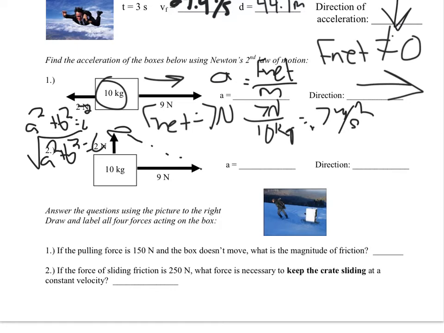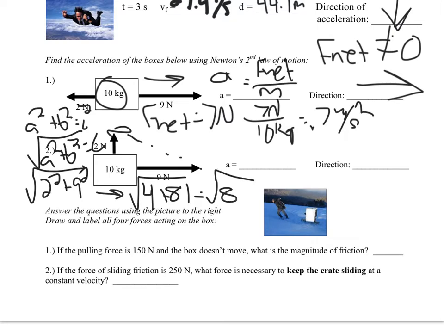So we plug in our values, we get the square root of 2 squared plus 9 squared, which, sorry, I'm running out of space, is the square root of 4 plus 81, which is equal to the square root of 85, which is going to be equal to 9.21.